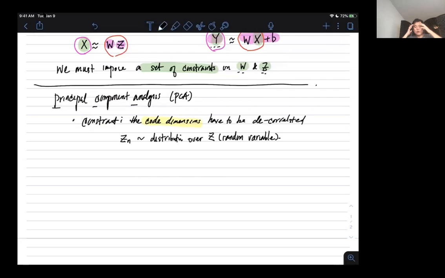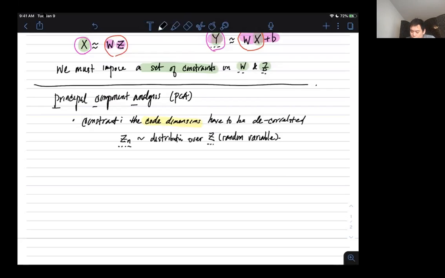We assume that there is a distribution over these code vectors, that is some code random variable. And these n many samples that we got are actual samples of this random variable Z following some distribution. I am not going to care too much about what the specific distribution is, but I can assume that these Zn are all coming from this distribution.